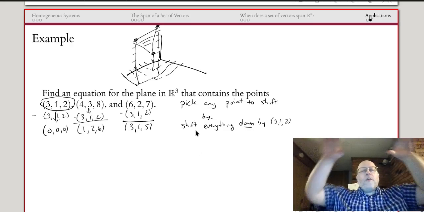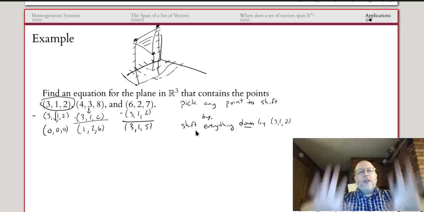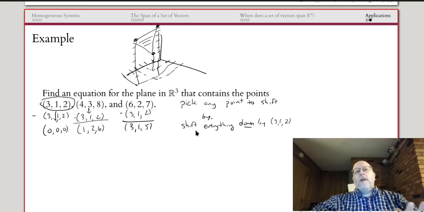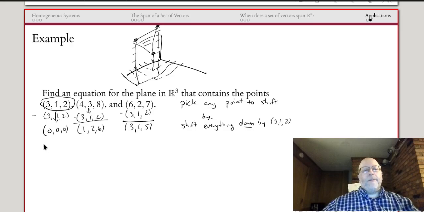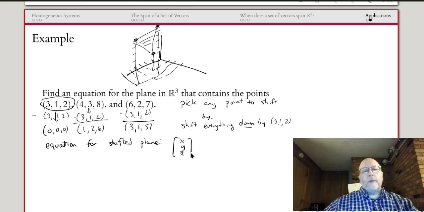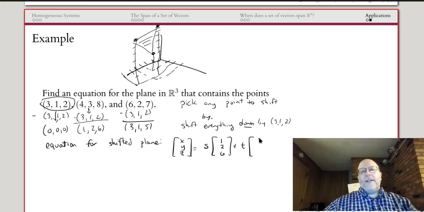So what we did is we took the plane that we're looking for, we shifted it down by 3, 1, 2. Now it goes through the origin. And we know that this shifted plane is xyz equal to some scalar s, some weight s, times 1, 2, 6 plus t times 3, 1, 5.